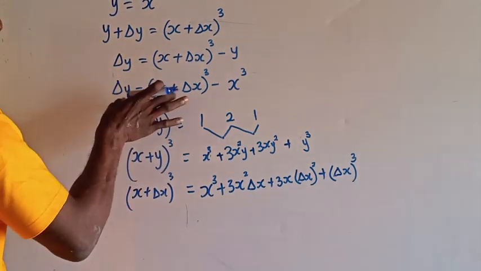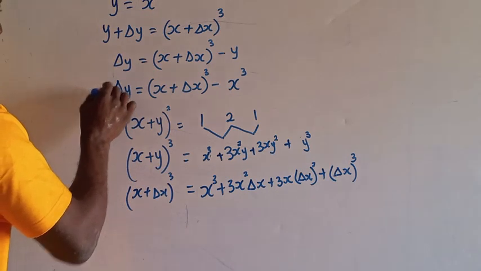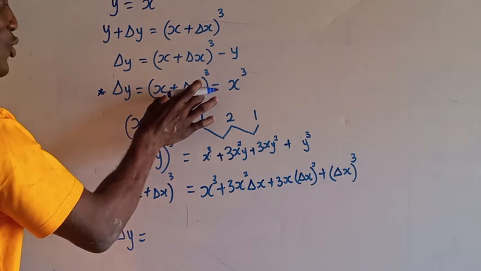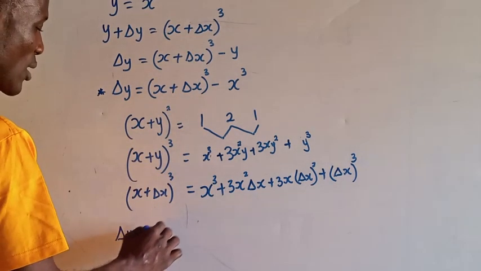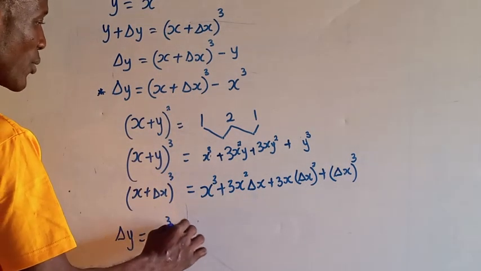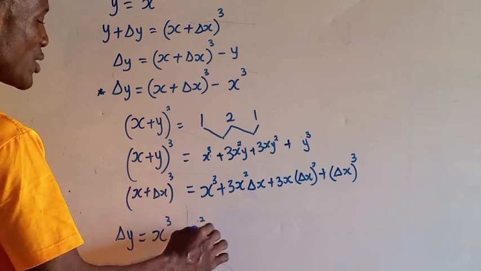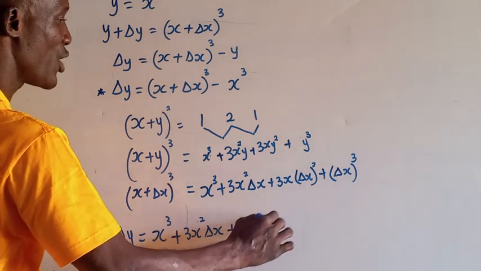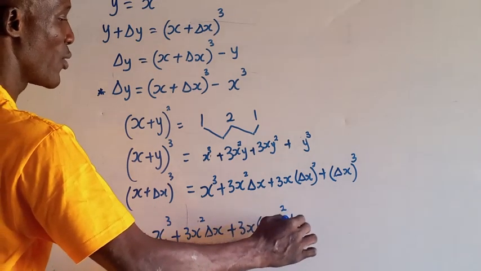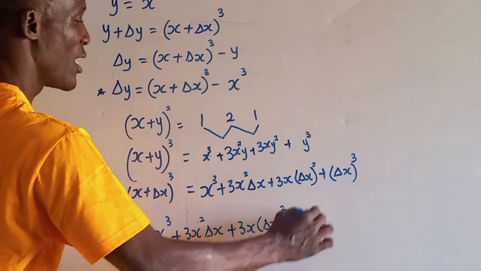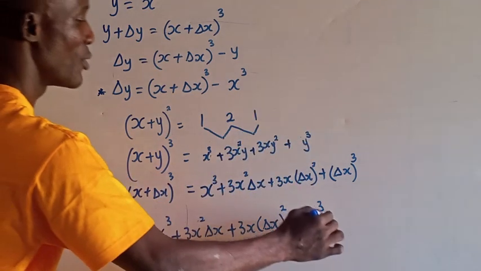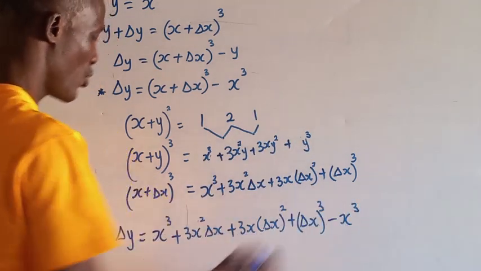Now let us come back to this very place that we were before, that is change in y equals, we have just solved this. What did we get? x cubed plus 3x squared change in x plus 3x change in x squared plus change in x to the power of 3. Then don't forget we have minus x cubed.